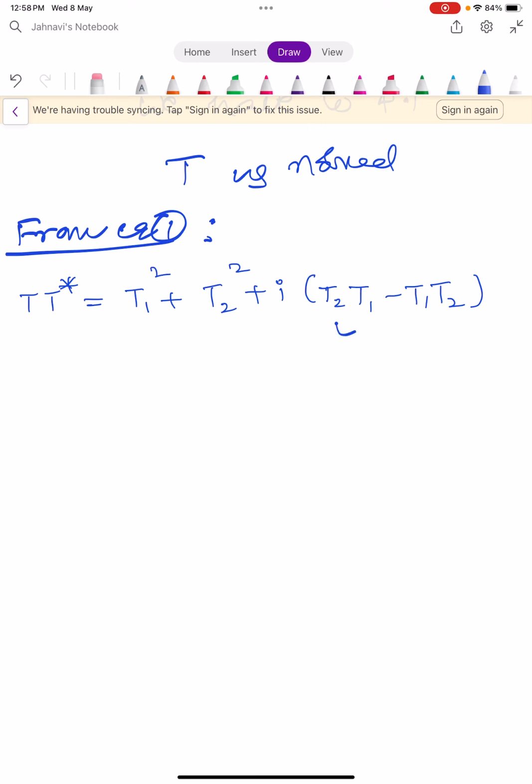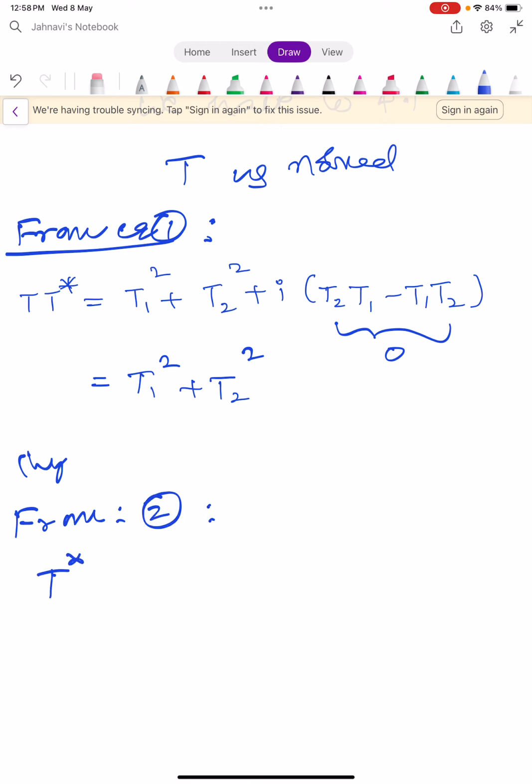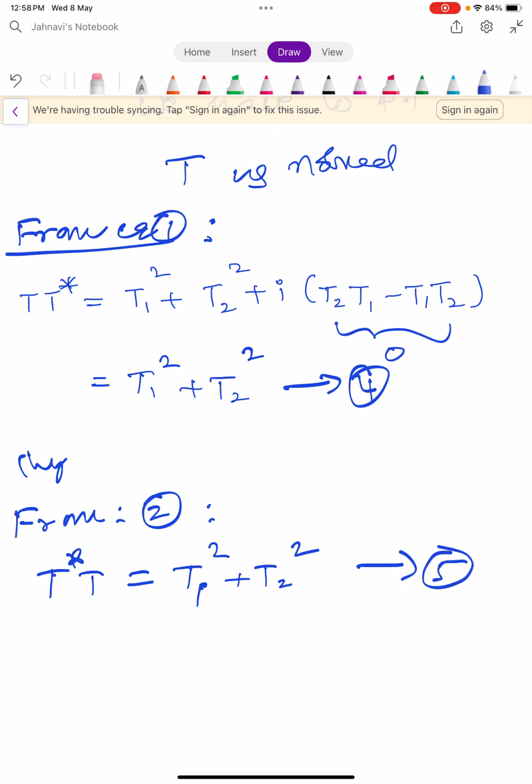Now using equation 3, this becomes 0, which gives a result of T1 square plus T2 square. Similarly, from equation 2, you get T star T is equal to T1 square plus T2 square. Let it be equation number 4 and let it be equation number 5.